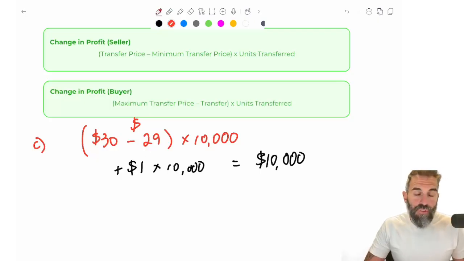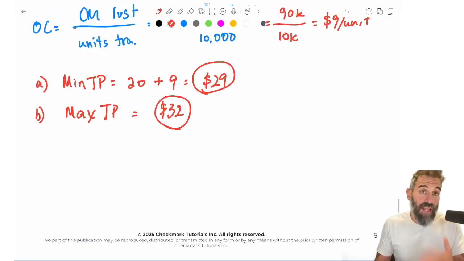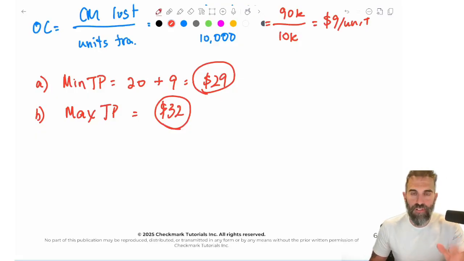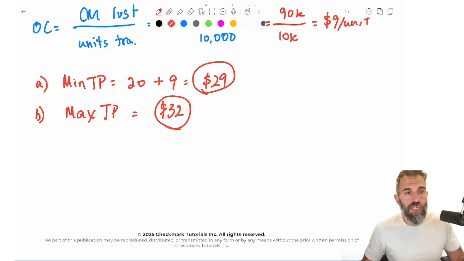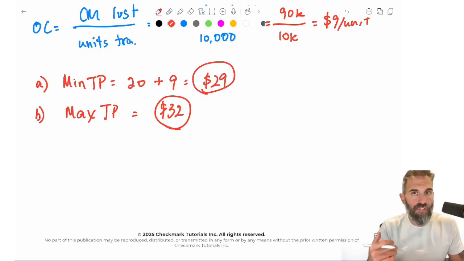Okay, now for the buyer, it's the same concept, okay, but let's talk about it. The maximum transfer price is their break-even point. So as long as they don't pay more than that, they're happy. If they pay more than 32, they're going to lose money because they can get it for 32 from somebody else. So at 32 they break even. Above 32 they lose money. Below 32 they make money.